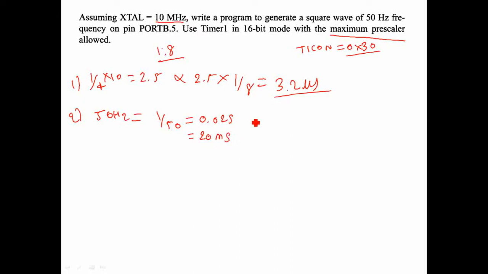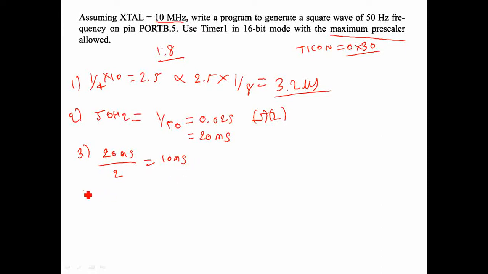This is for a complete cycle, both high and low. So let us divide it by 2 to get either the high or the low of the pulse: 20 ms divided by 2 gives 10 milliseconds. So we have a 10 millisecond delay for either the rising edge or the falling edge.